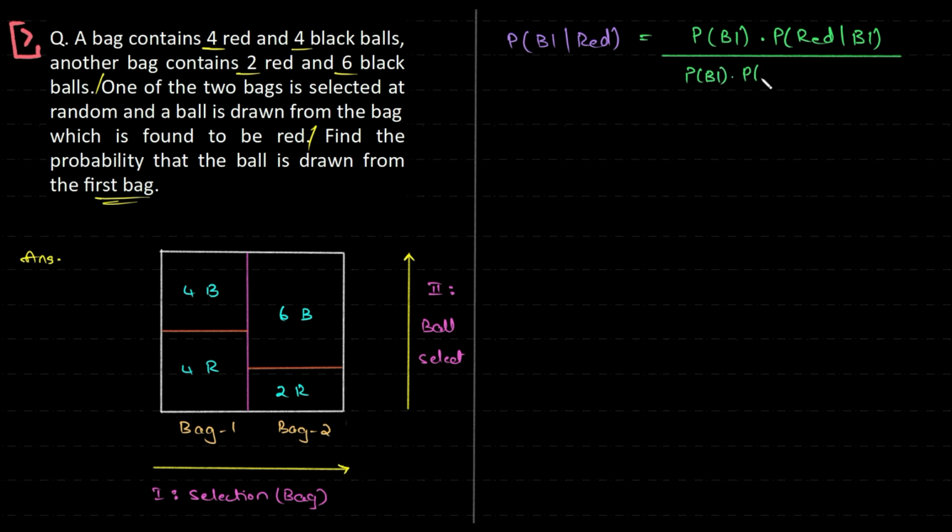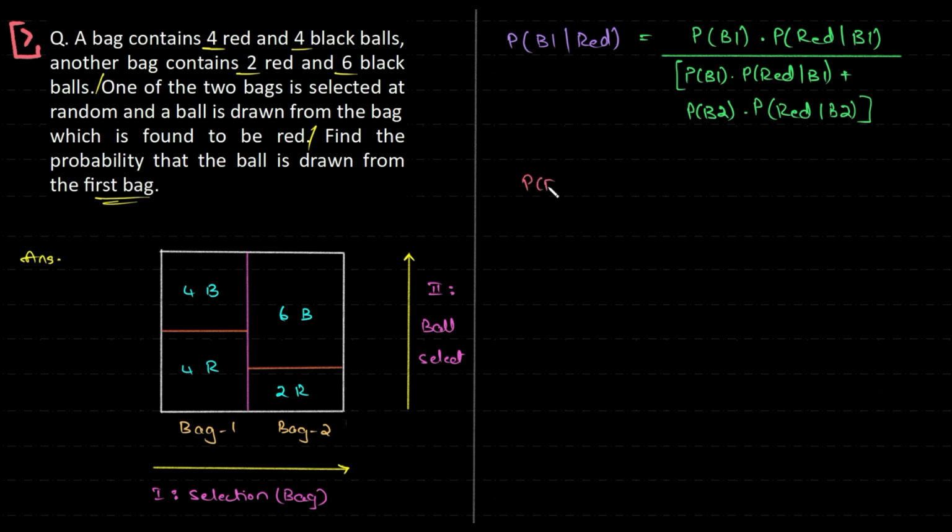B1 into probability of red. What are the chances that we'll get a red? Plus probability of B2 into probability of us getting a red from the bag 2. Okay, and now all you have to do is substitute.